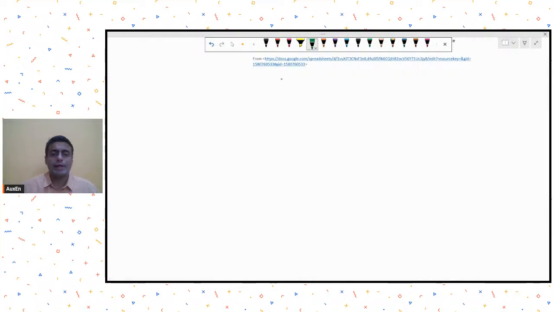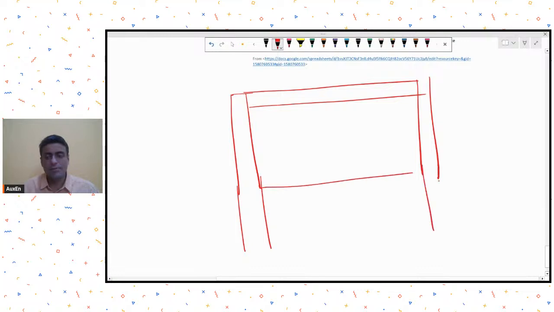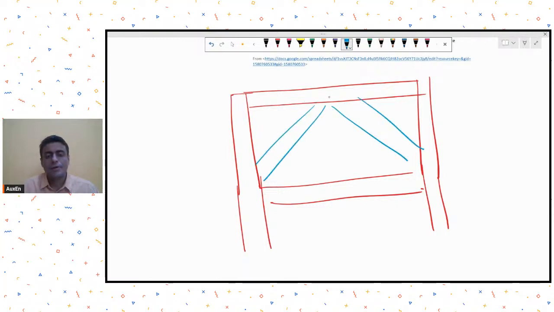I assume that he is asking it for a steel building. So in a steel building, if I have a steel column and steel beam, an inverted V brace may look something like this. And then here I have to connect it to the beam and to the column.